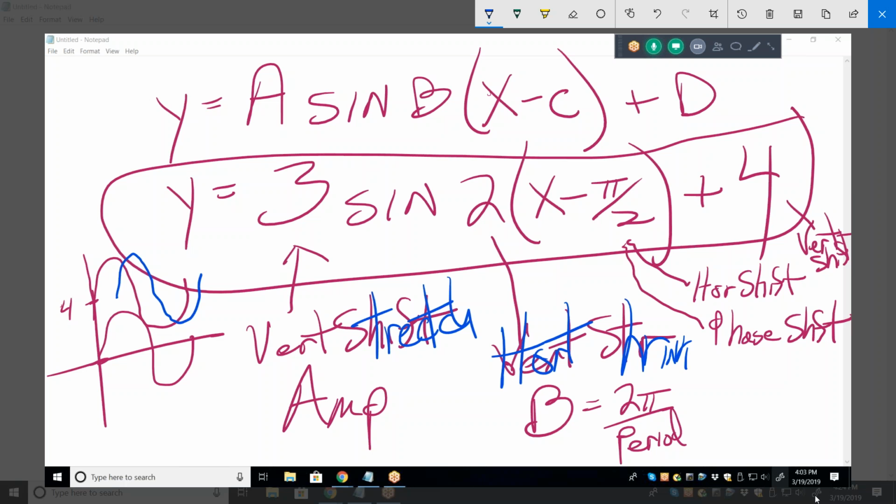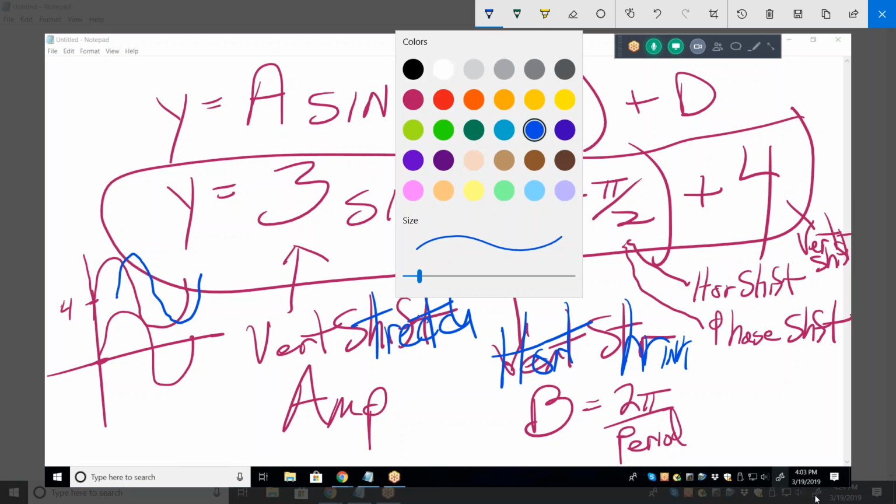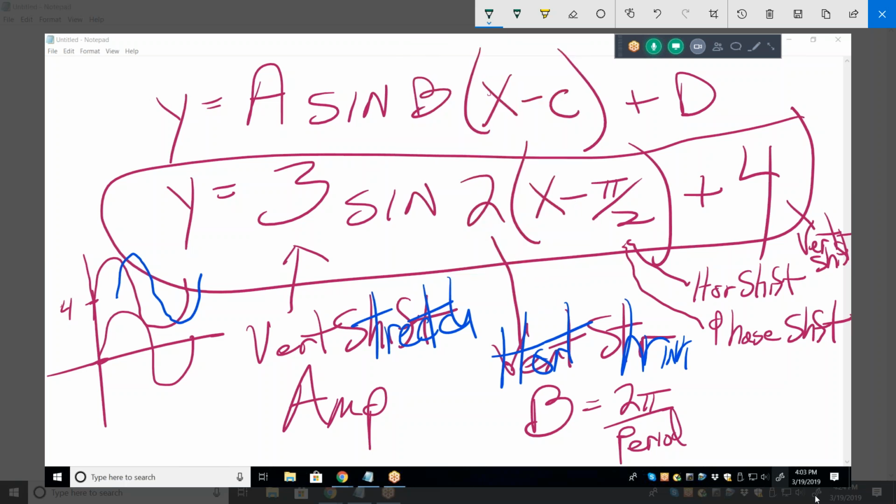And what that means, if I draw it in a different color, is that instead of being 2 pi in length, like your normal sine function, if b is 2, the period's going to be pi. So it's only going to take pi to draw this sine curve right here.